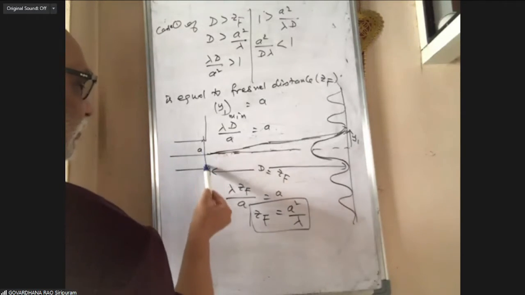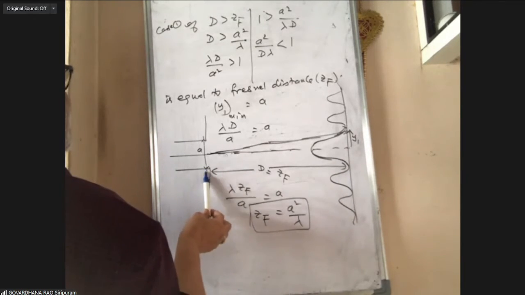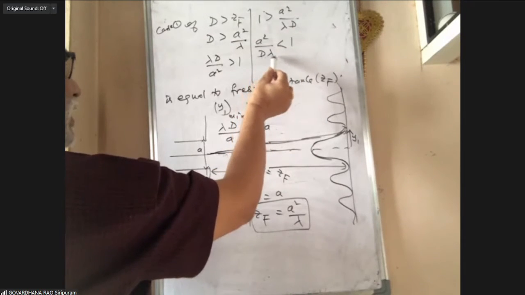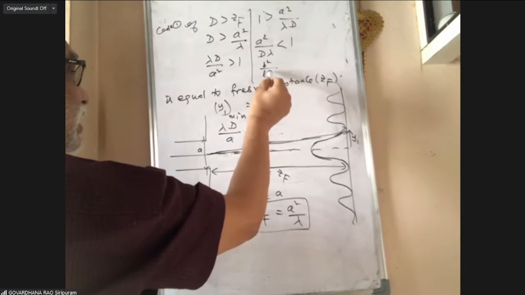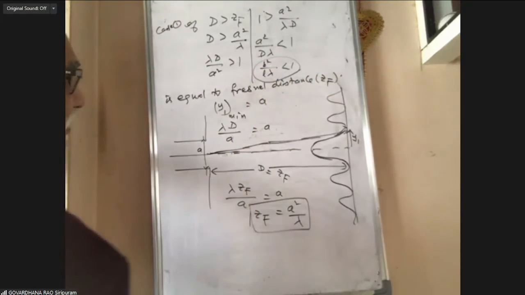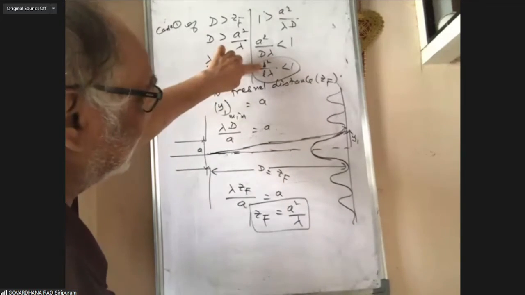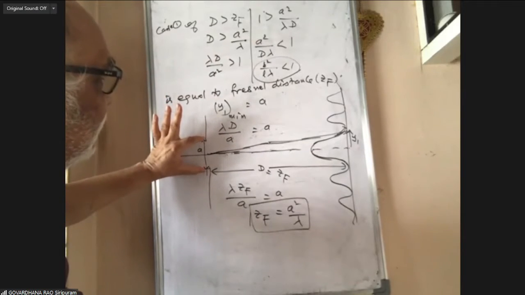a is the width of the slit. D is the separation between the slit and the screen. So do you know a square by D lambda? This is similar to b square by L lambda. b is the size of the slit; here in the place of b, what is given? a.